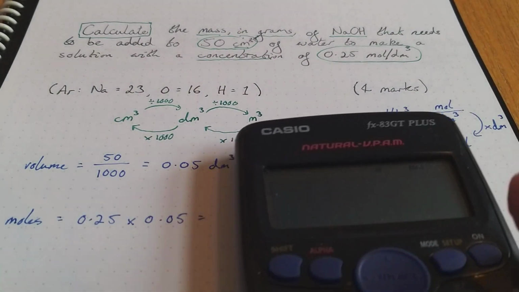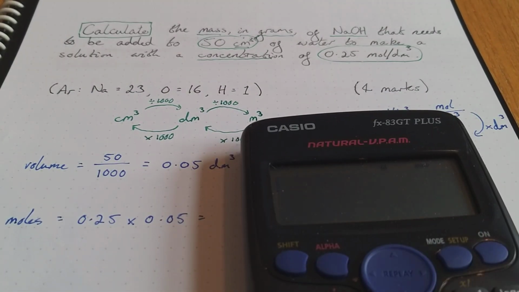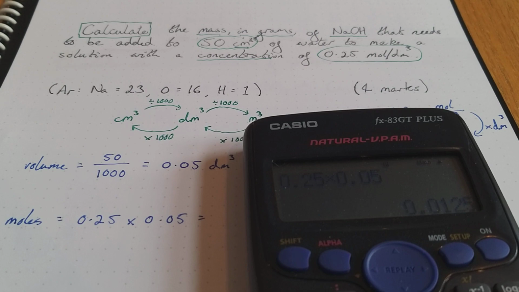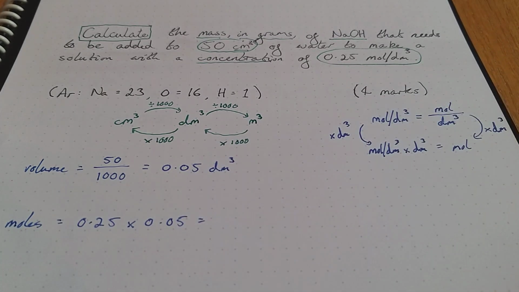So let's put that into our calculator. 0.25 multiplied by 0.05. So that gives us a number of moles of 0.0125.